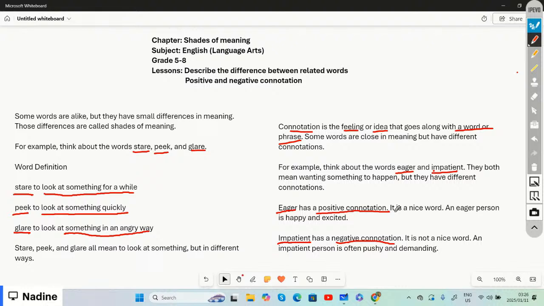It is a feeling or an idea that goes along with a word, or it goes with a phrase, whether it is positive or whether it is negative. And like we said, some of those words can be so close in meaning, but they have different connotations. One can mean something positive, one can mean something negative.